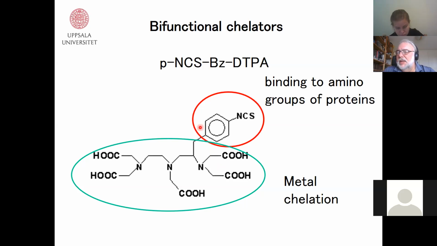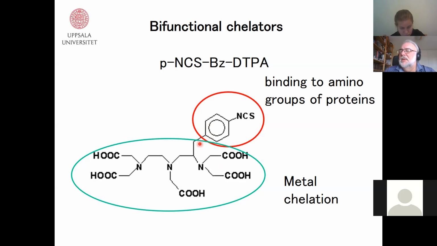First, it's a chelating part, which complexes the metal and holds it tightly, and then the linker part, which should couple this whole complex to a tumor targeting agent.